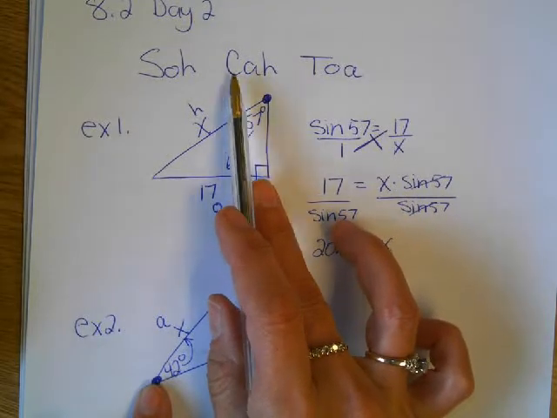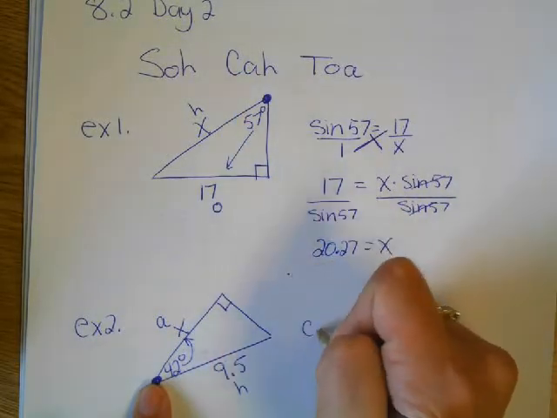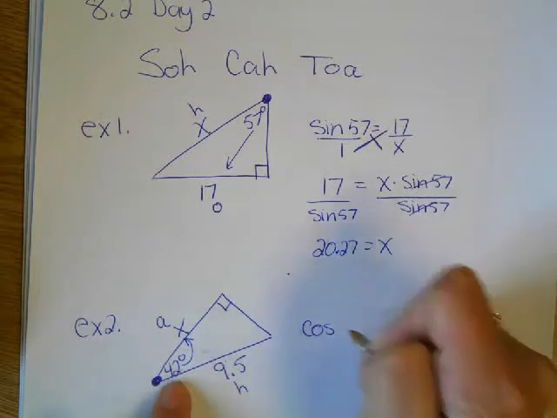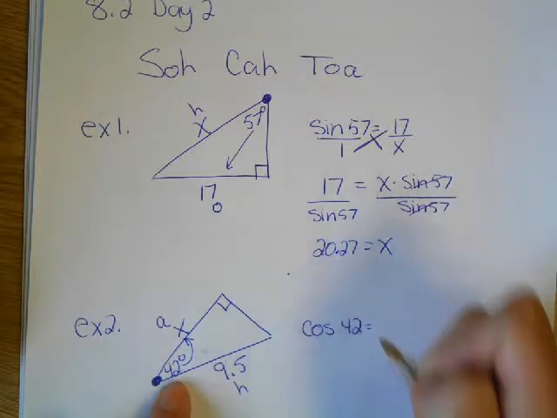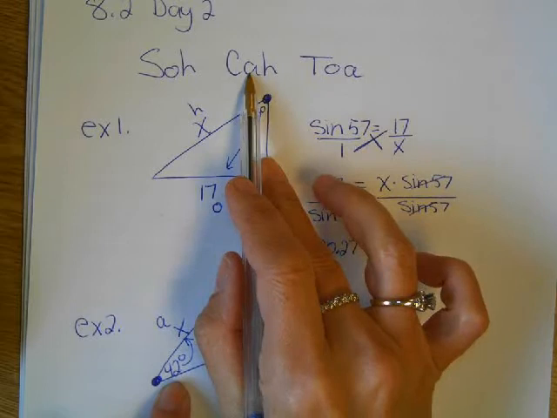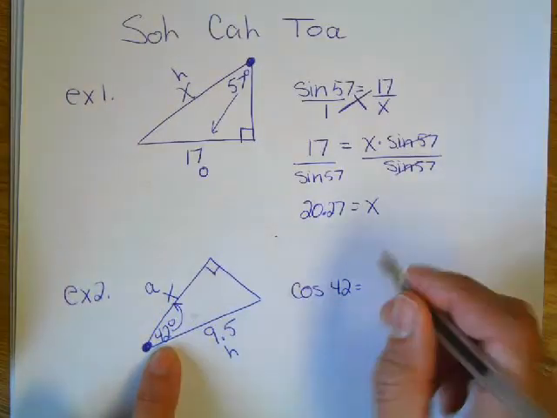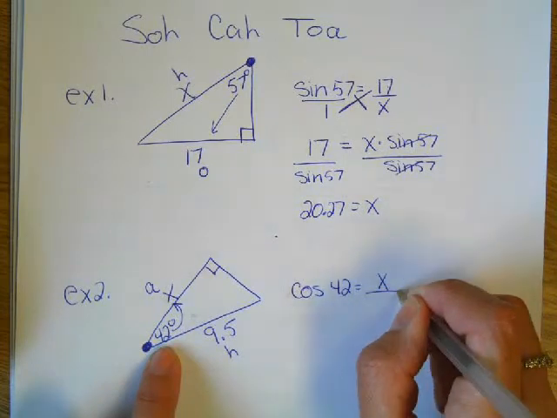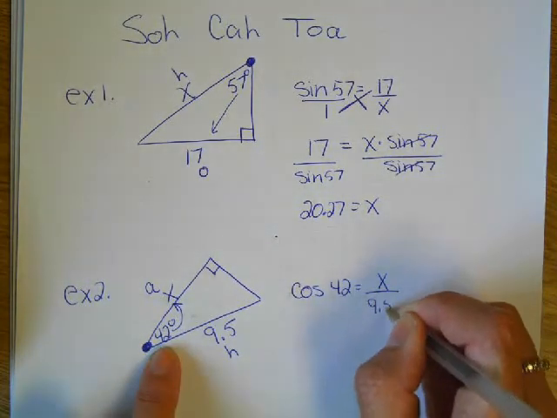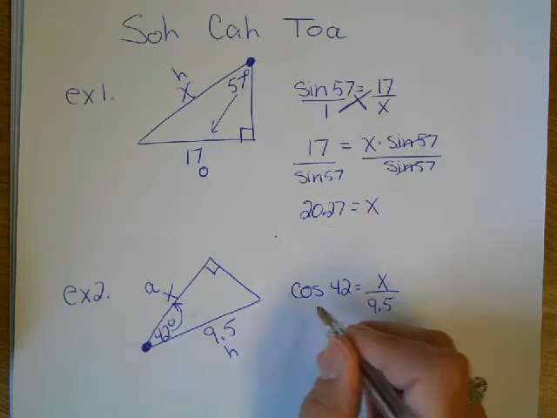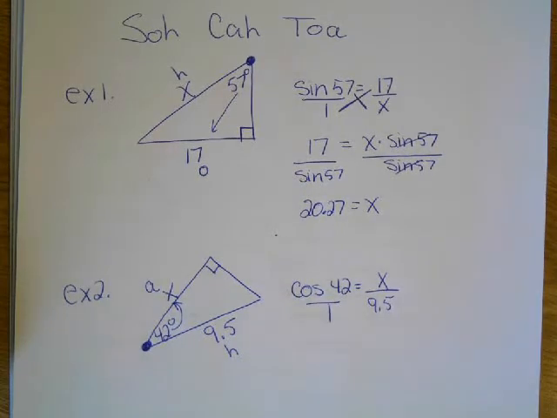So we are going to set up a cosine problem. So cosine, angle comes next, and then it has to be the adjacent on top, hypotenuse on the bottom, in order. Adjacent is the x. Hypotenuse is the 9.5. And just like the first one, now it's a matter of just doing cross products.